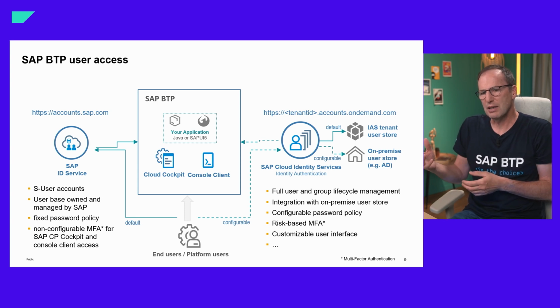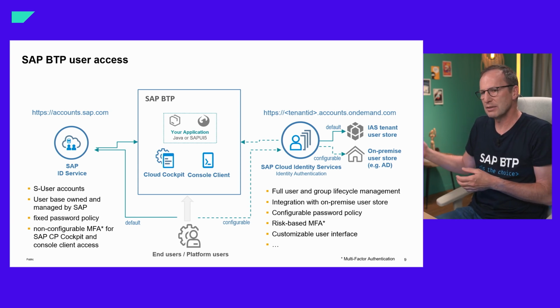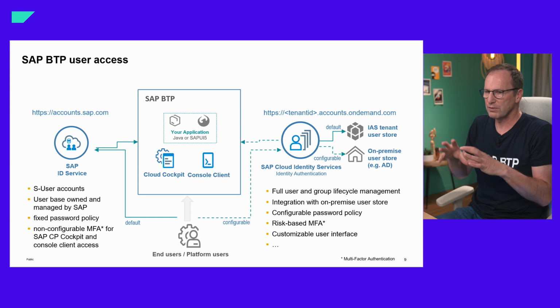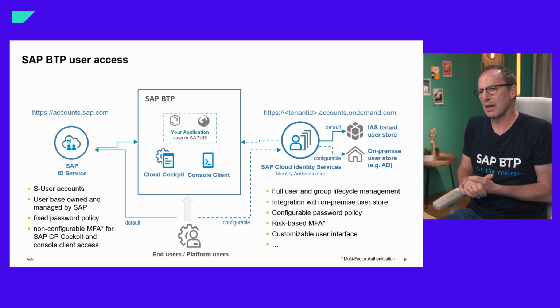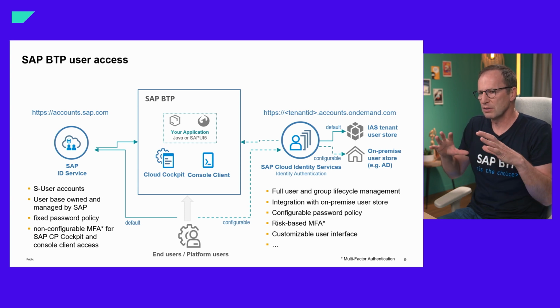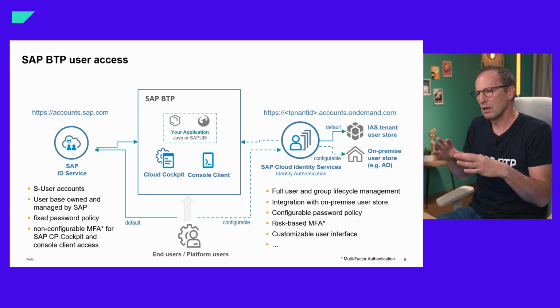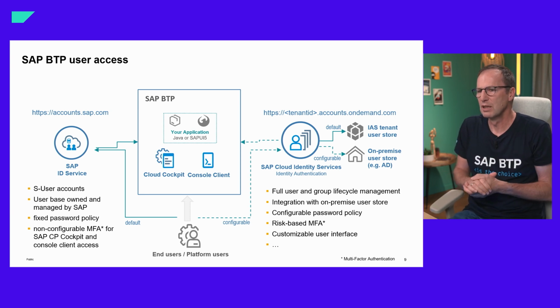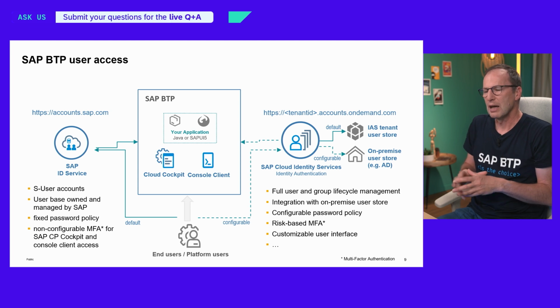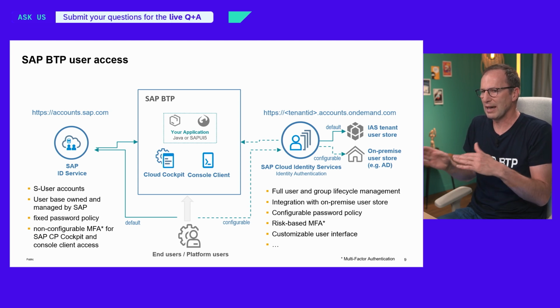And there, SAP IT is the owner of these users, and they define and manage the user base. They manage the password policies. They define the authentication mechanisms and all this kind of stuff. And you, as a customer, cannot change it.